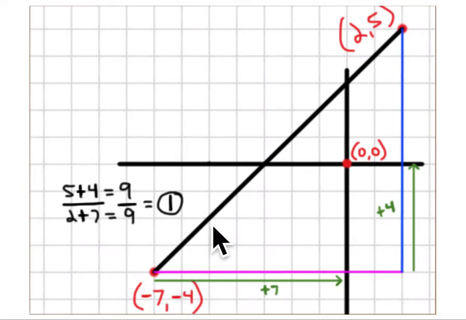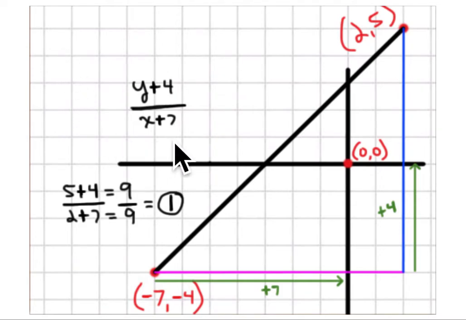So if you look at the slope of this line, you're going to notice you move 1 unit in the horizontal direction, you move 1 unit in the vertical direction. 2 units, 2 units, 3 units, 3 units, 4 units, 4 units, and over here where this point is, it's 9 units, 9 units. So that has a slope of 1.